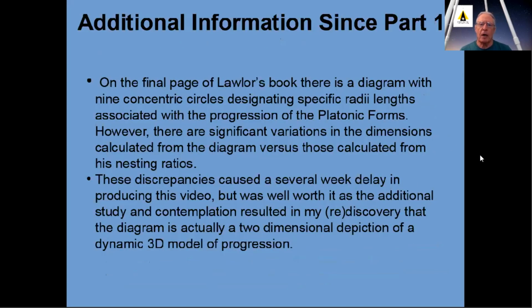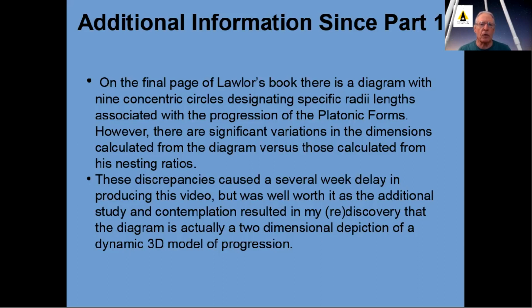And in the interim, I thought I was not going to have this much to talk about today, but since that time, I've had a chance to really put together an understanding of a mysterious and not well-documented diagram that shows up in Robert Lawlor's book on the very last page. And on that page, there's a diagram with 9 concentric circles designating specific radii lengths associated with this diagram of the progression of the Platonic forms.